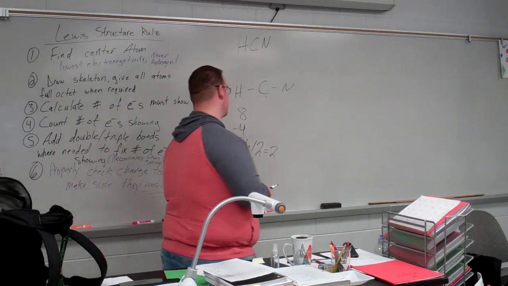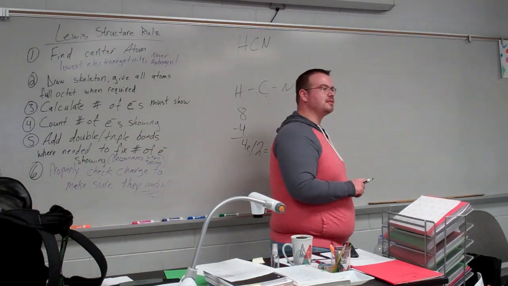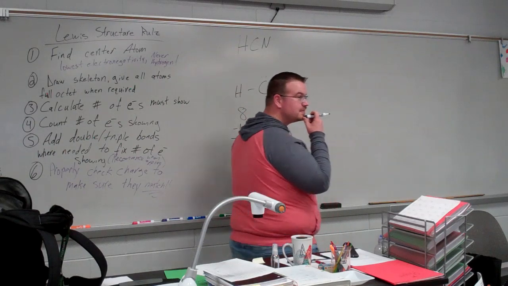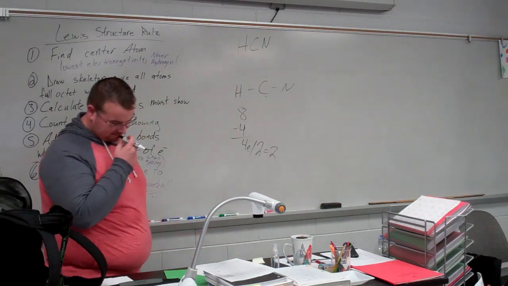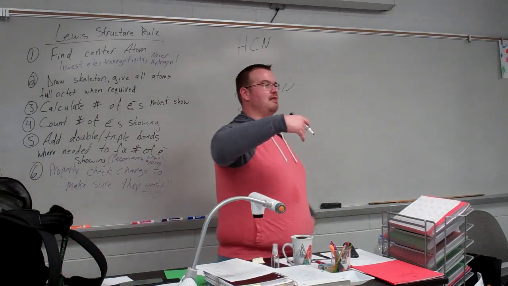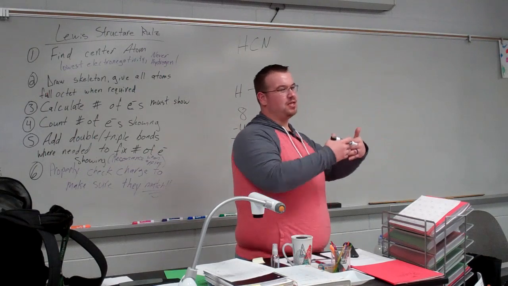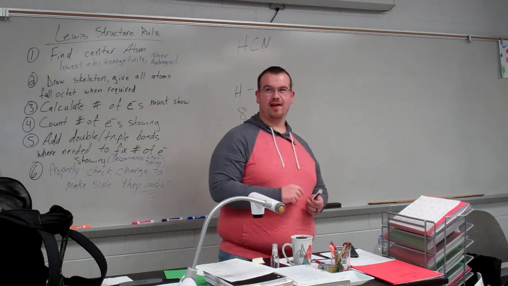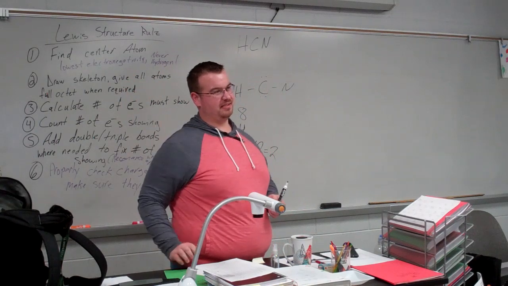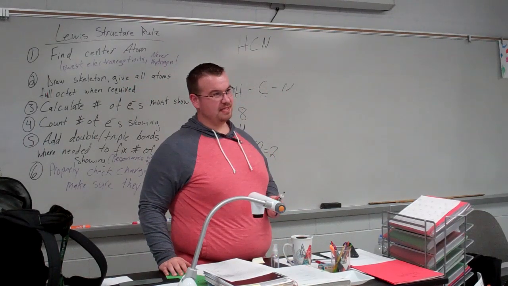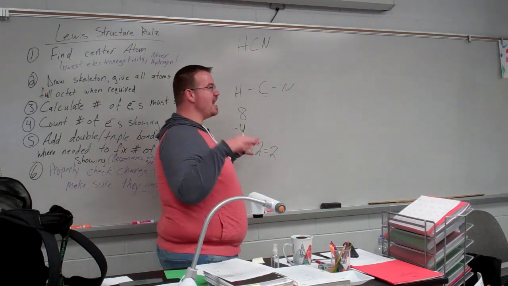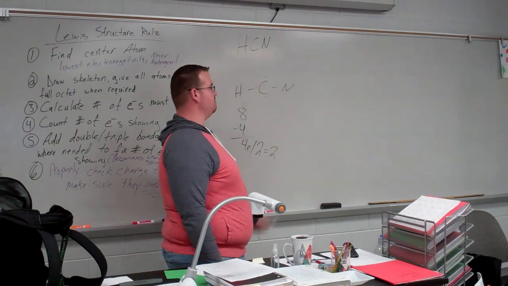How many lone pairs for nitrogen? Nitrogen's atomic number is 7, in the 15th column, so 5 valence electrons. Nitrogen wants 8. Is this a trick?